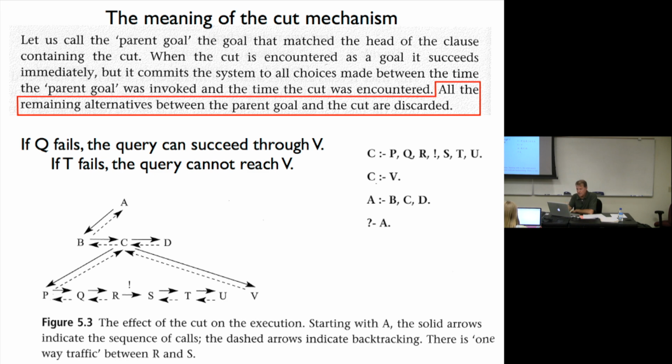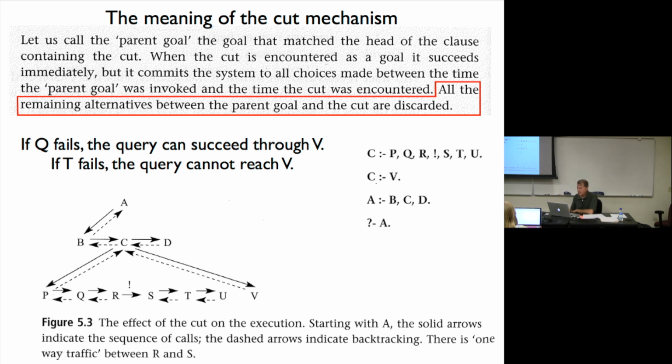You see where Q is there on the slide? If Q fails, then you can backtrack up to C and you can get to V. But if T fails, once you go through that cut, if T fails and you try to backtrack, you can't. It'll fail right there. So that prevents V from even being tried.